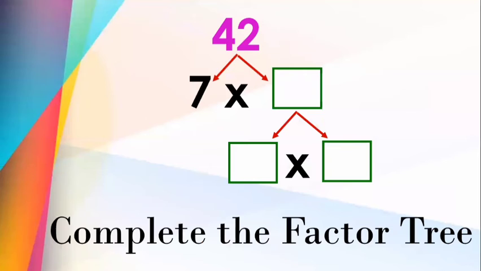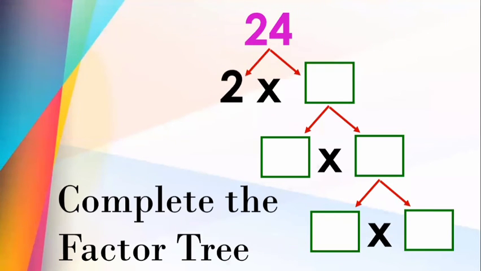Let's try to answer this one. We're going to complete the factor tree. 42, so the missing number is 7 times 6. The factors of 6 are 2 times 3. So the prime factorization of 42 is 7 times 2 times 3. Another example, we're going to complete the factor tree.